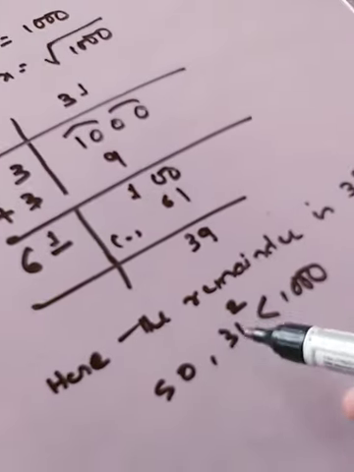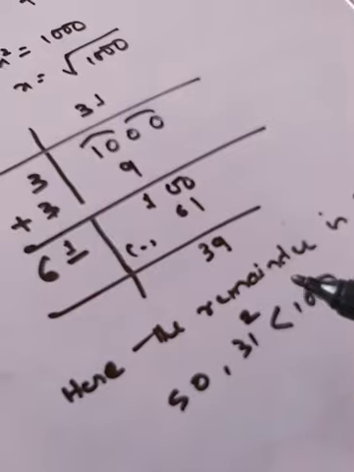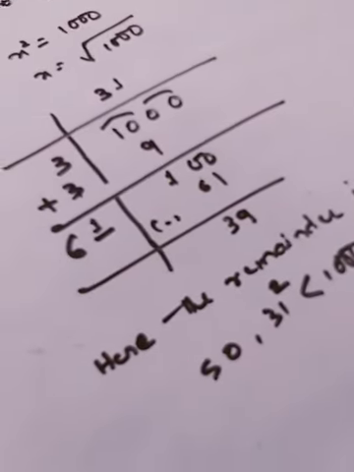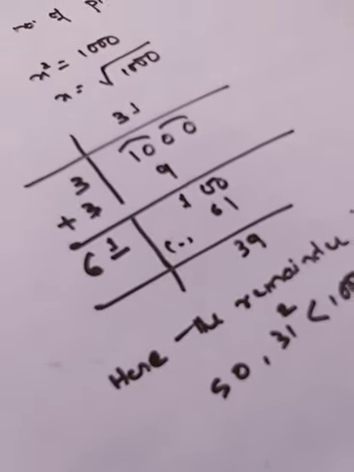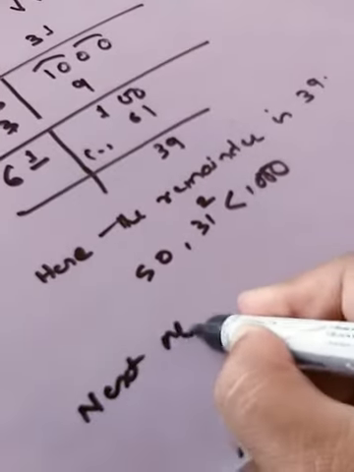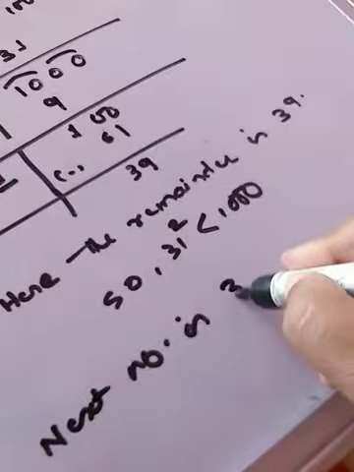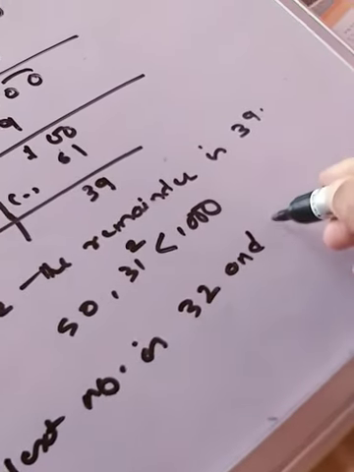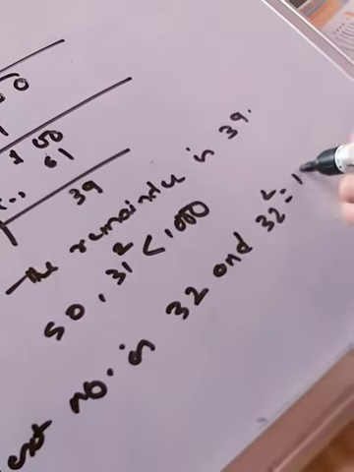So we have to see the next number. Remember what we did in question number 5? We saw the next number. So the next number is 32. What will be 32 square? 32 square is 1024.